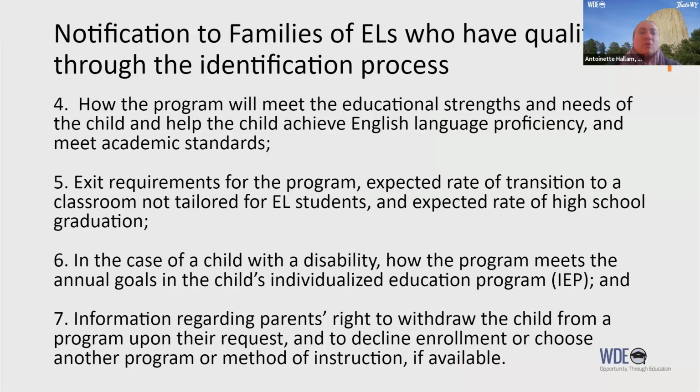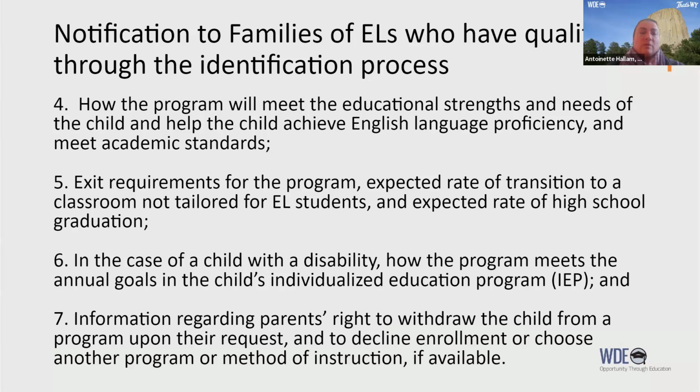Number 5, exit requirements for the program, the expected rate of transition to a classroom not tailored for EL students, and expected rate of high school graduation. Number 6, in the case of a child with a disability, how the program meets the annual goals in the child's IEP.